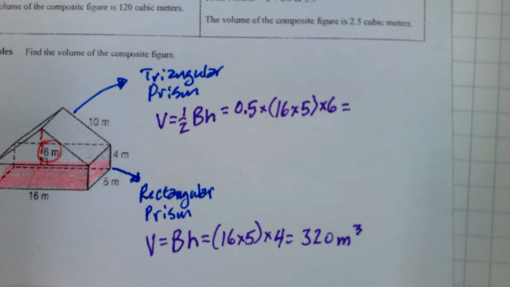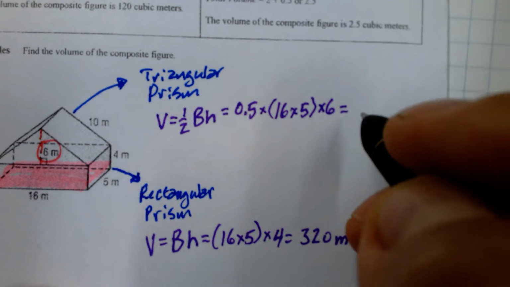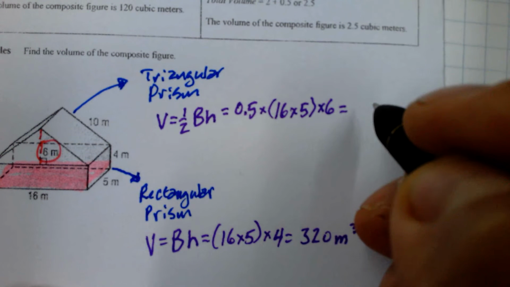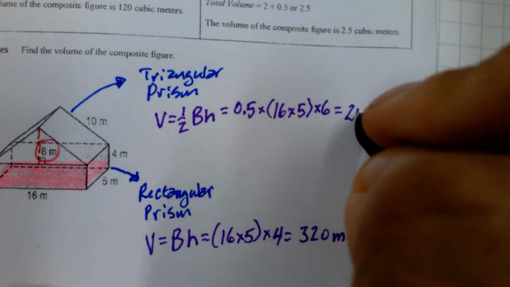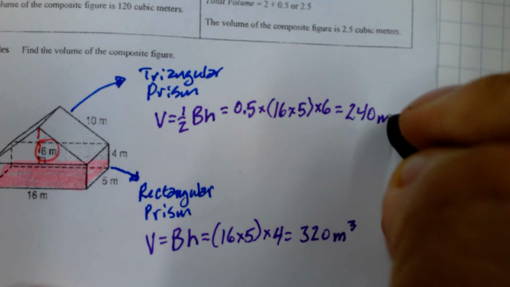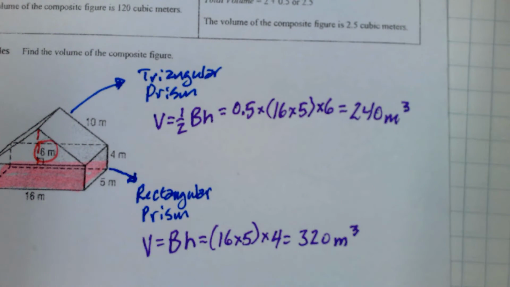Let's see what that gives us. What are we going to get? 240. Anybody else get 240? Okay, I'm seeing some people shake their heads. 240, and that's cubic meters again.